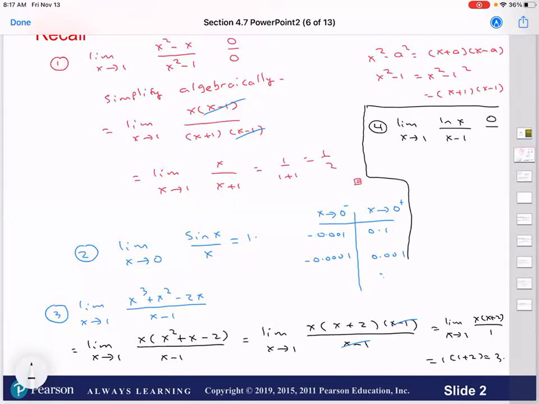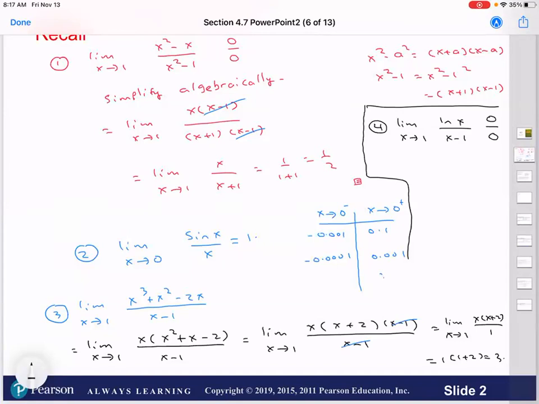We can have 0 in the top. What about if you plug in 1 for x, what do you get in the denominator? Now there's a problem. So 0 over 0. Again, 0 over 0 is not 1. It's not like 5 over 5.